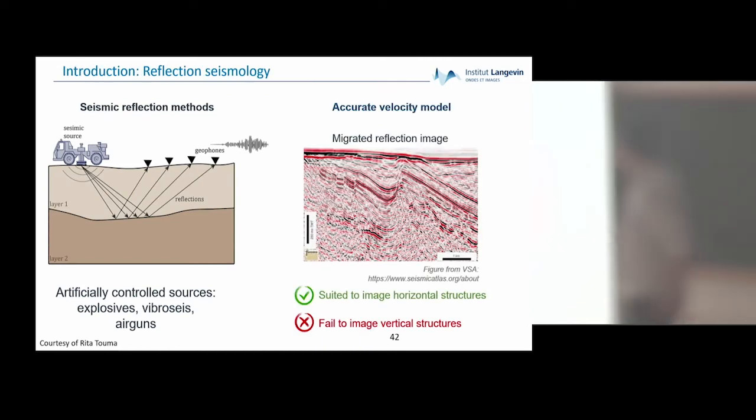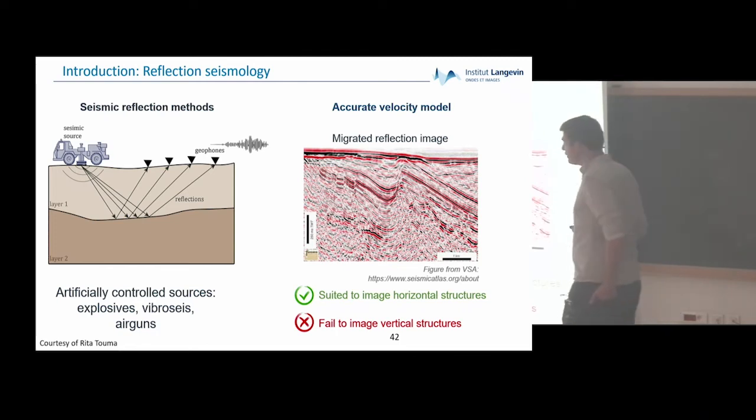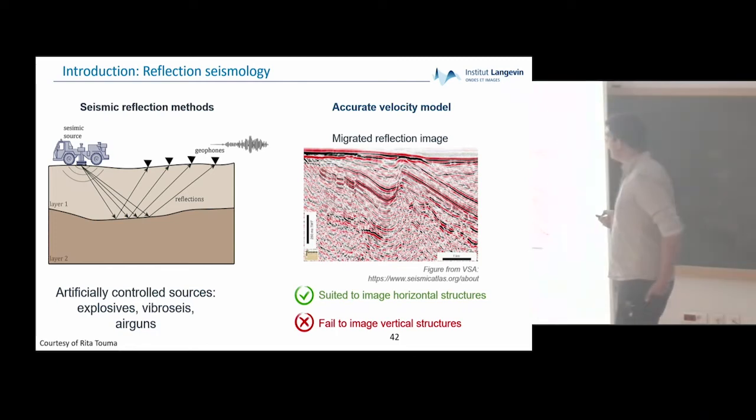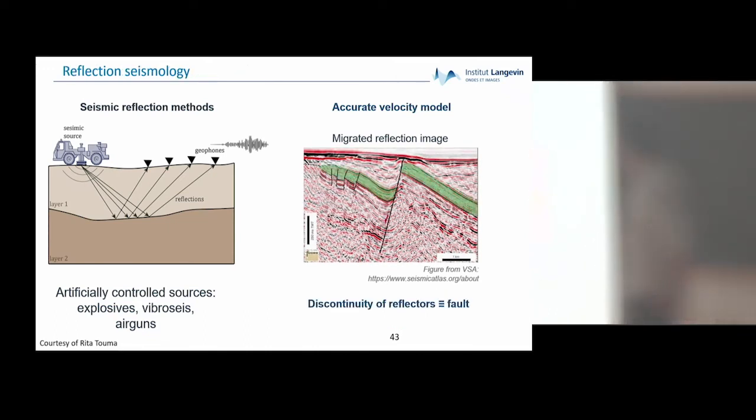Based on this information, you can apply migration techniques that allow you to build an estimator of the reflectivity of the underground. Okay, so it's well suited to image horizontal structures, as we see here, but it fails to image the vertical structures.